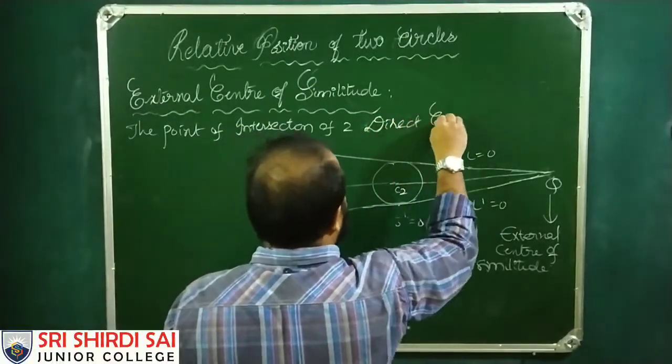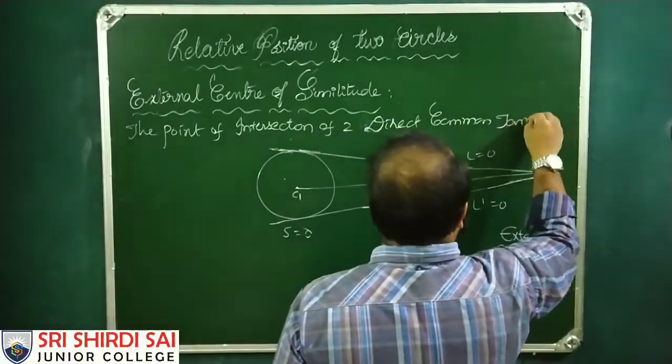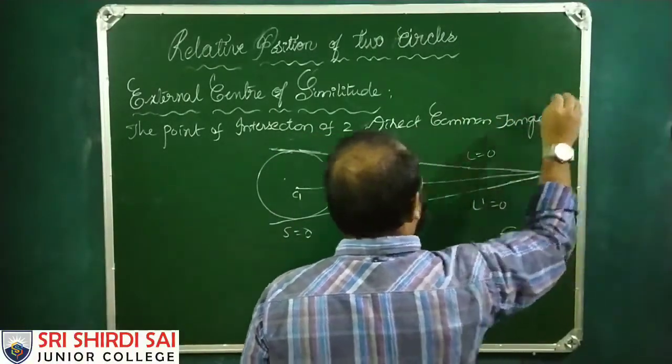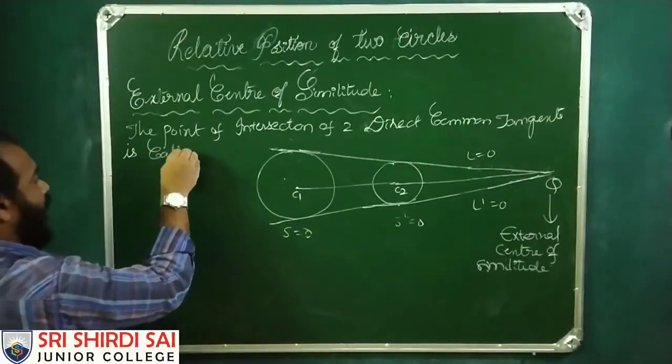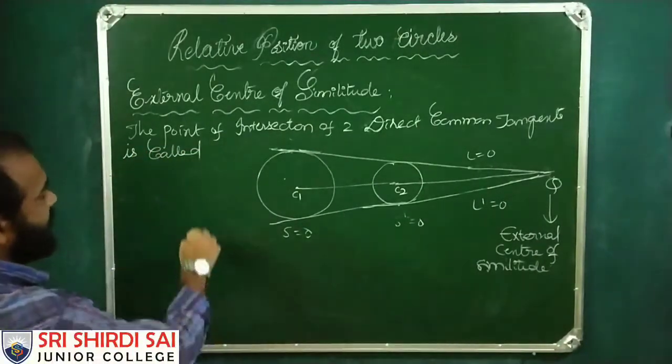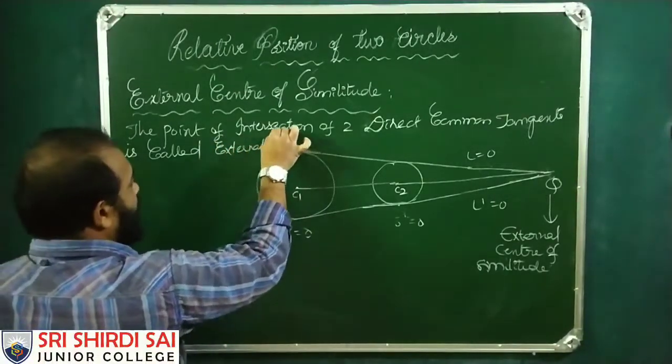Two direct common tangents intersect at the external center of similitude.